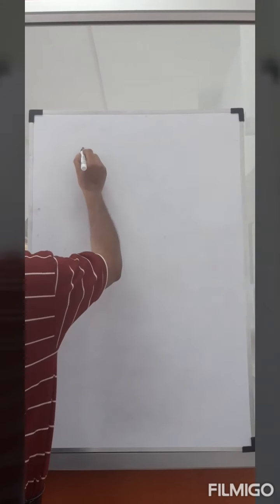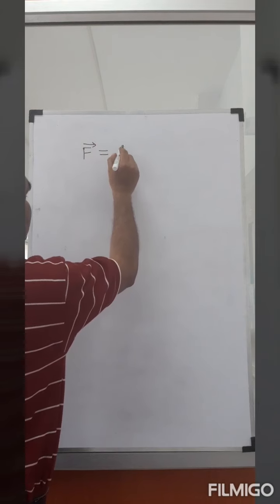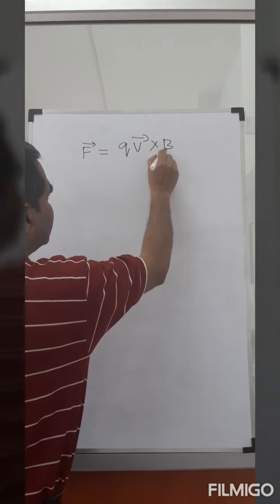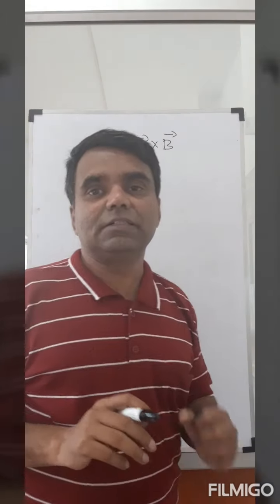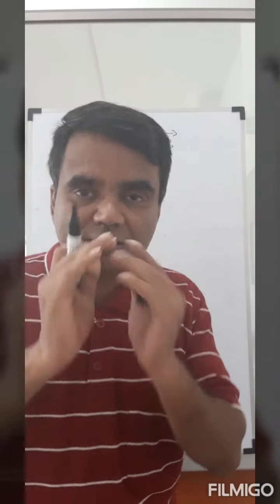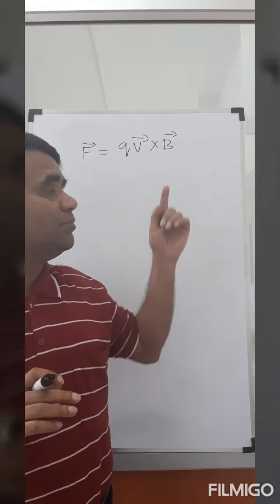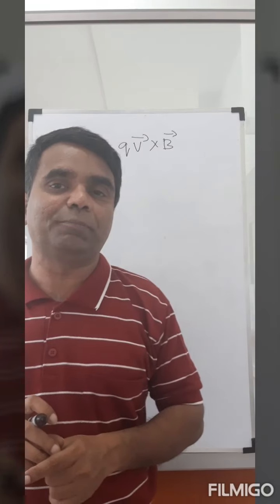We said that it is given by this equation: F is equal to Q V cross B, where Q is the amount of charge, V is the velocity of that charge, and B is the magnetic field in which this charge is moving.